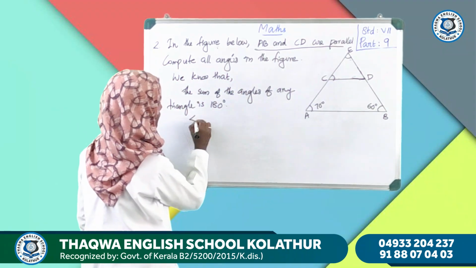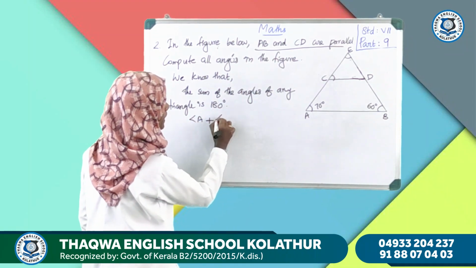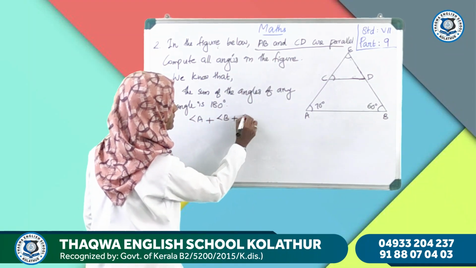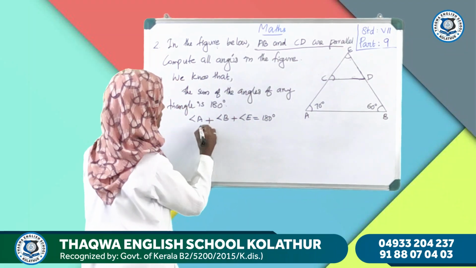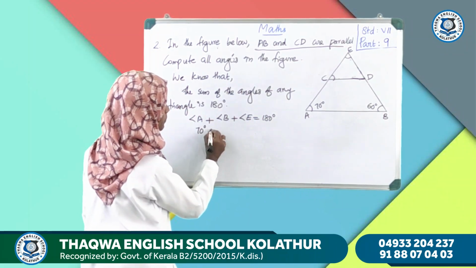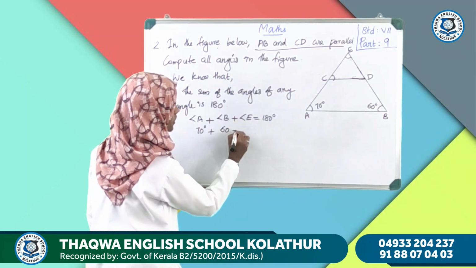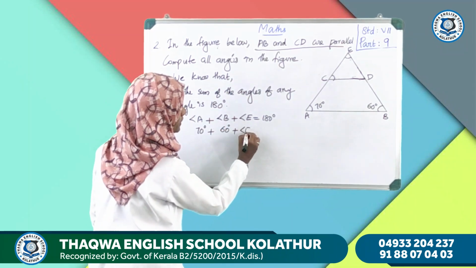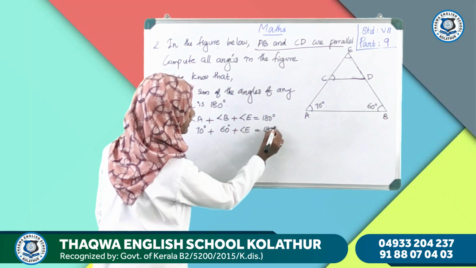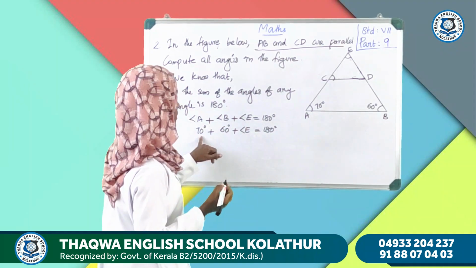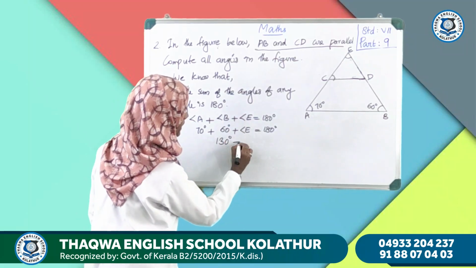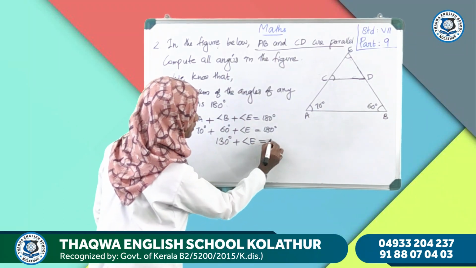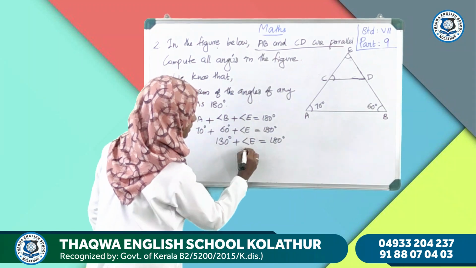How? We can write angle A plus angle B plus angle E equals 180. That is 70 plus 60 plus angle E equals 180. 70 plus 60 is 130, plus angle E equals 180.